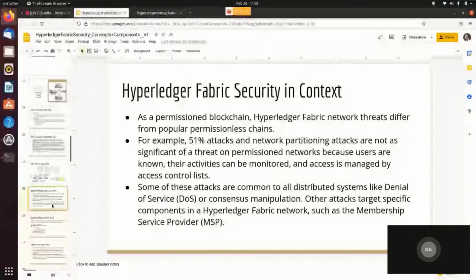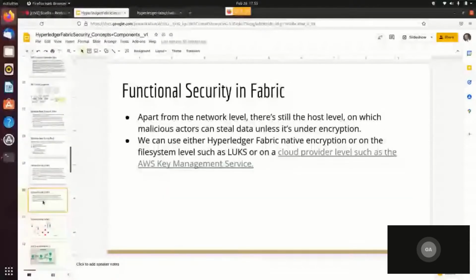Along with enabling TLS based client authentication on peer node is another very important aspect. Apart from this network level, on the host level also, there could be possible attacks.